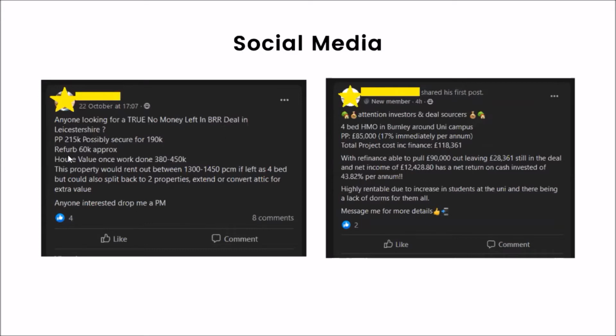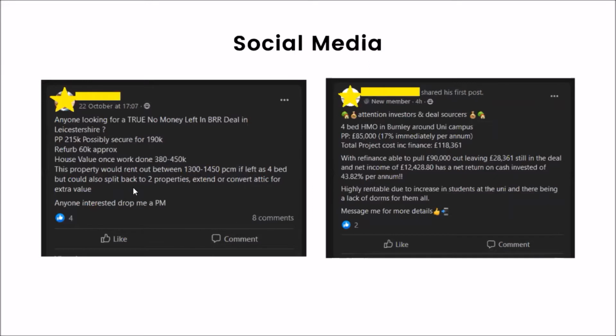Deal in Leicestershire. PP, purchase price, 215,000. Possibly I can secure it for 190K. Refurb is 60,000 approximately. House value once work is done is an incredible 380 to 450,000 pounds. This property could rent out between 1300 to 1450, etc. Anyone interested, drop me a private message.